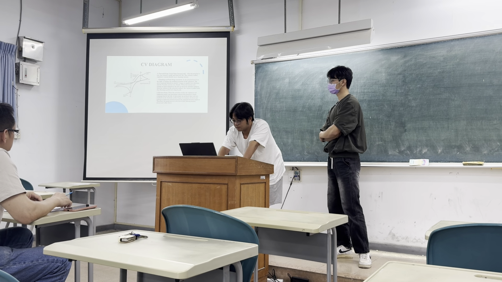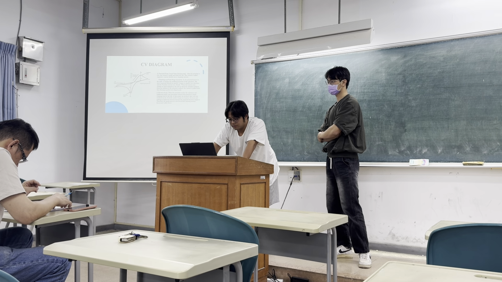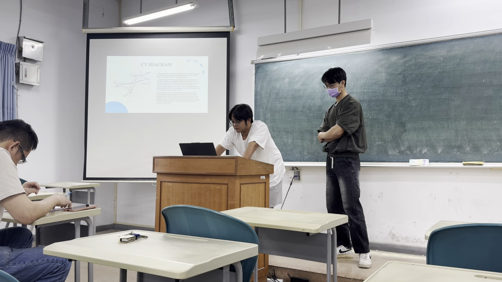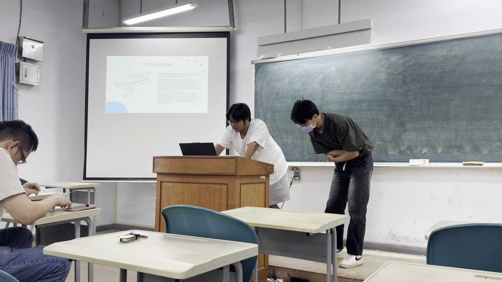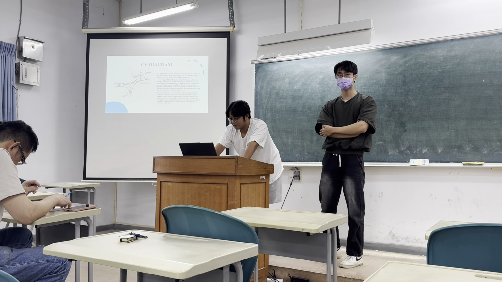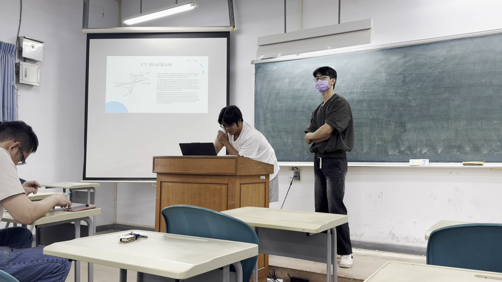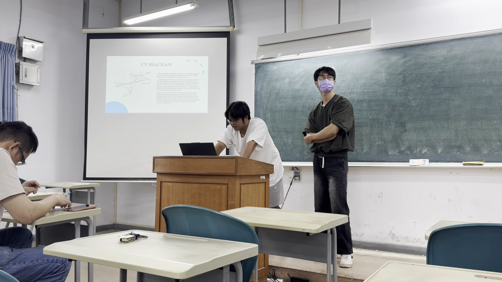And this is the highest one, the anodic peak. The anodic peak potential, and the corresponding peak current. And the lowest point is the cathodic peak potential, and the corresponding current is the cathodic peak.